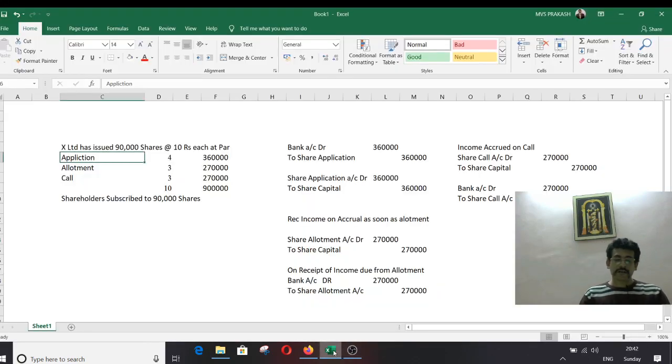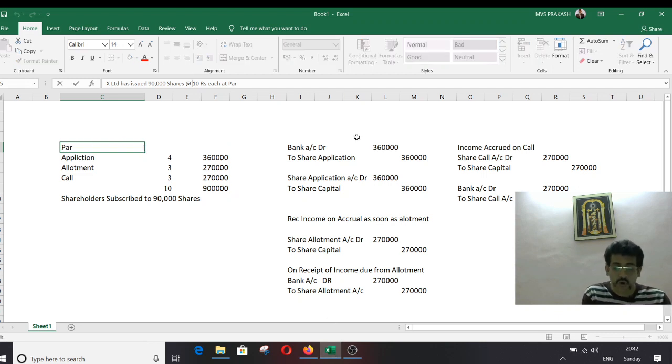Okay, so let us change this example here. X Limited issued 90,000 shares of rupees 10 each at premium of rupees 2 included in allotment.